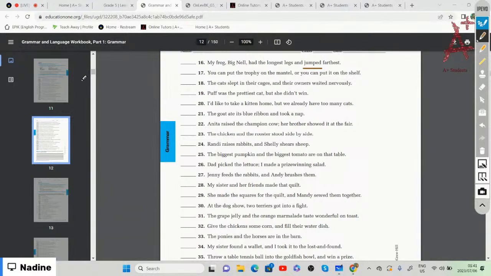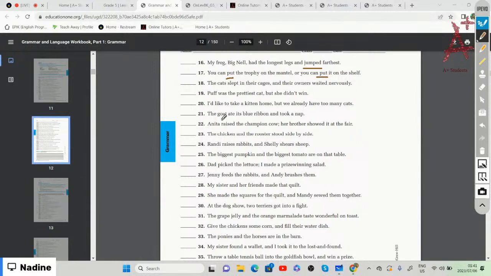If we select the verb, we can say put. So there are two: you can put the trophy on the mantle, or you can put it on the shelf.